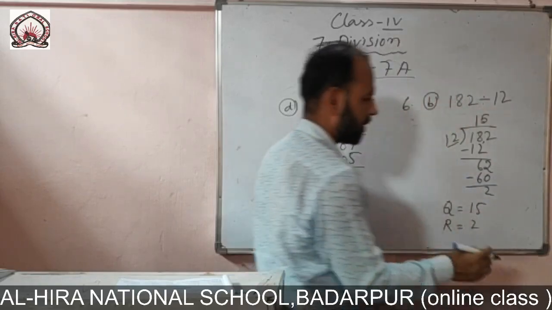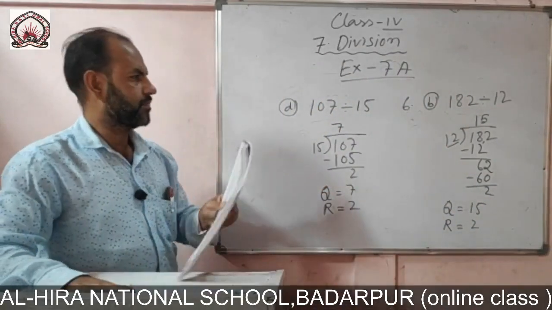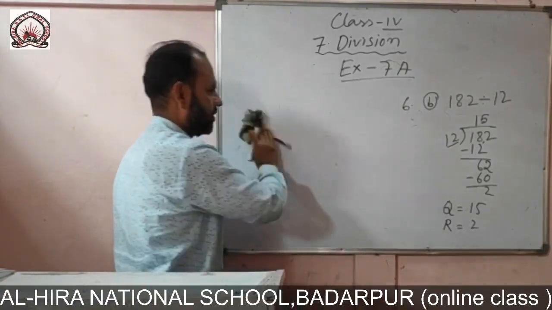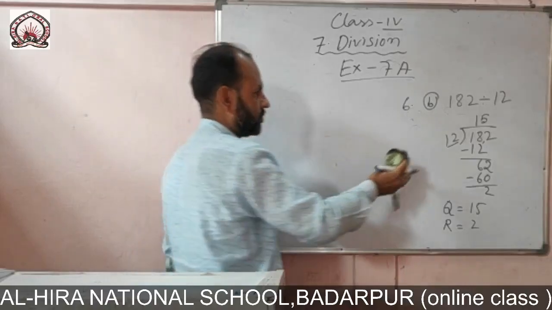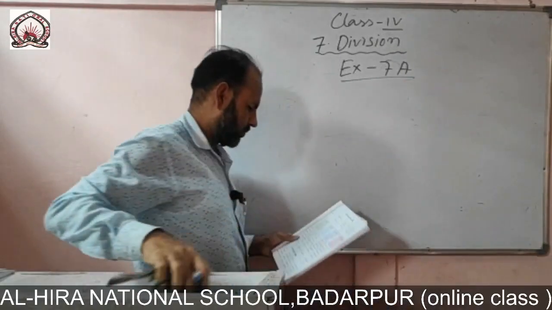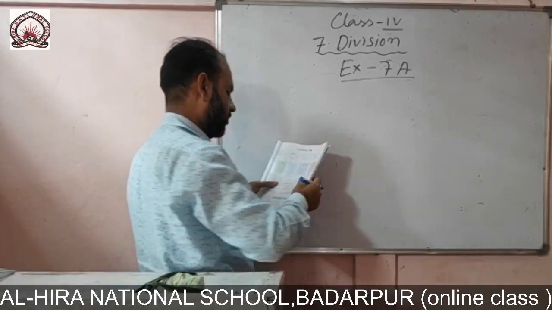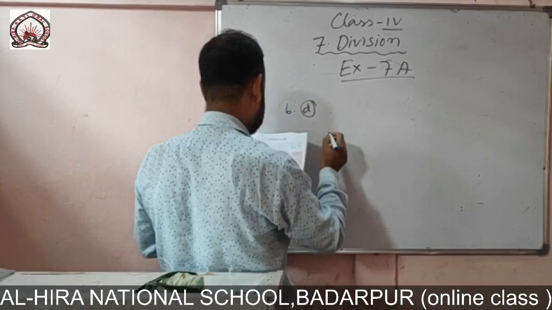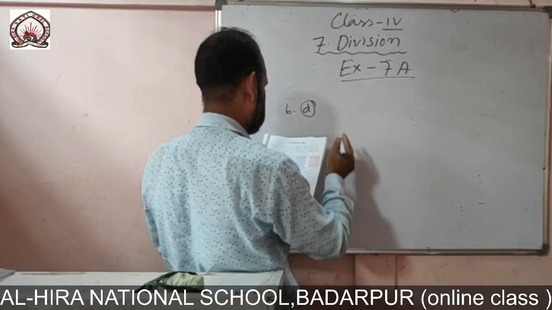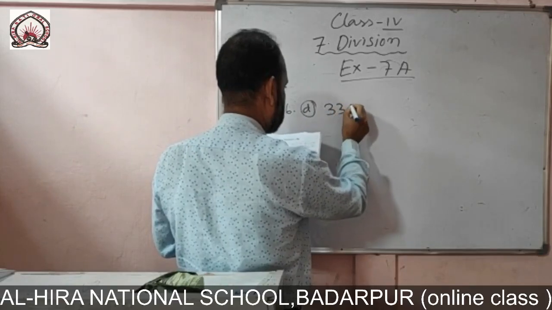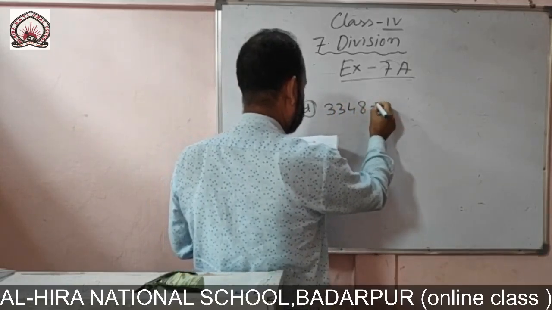Next example, question number 6D. 3,348 divide 15.